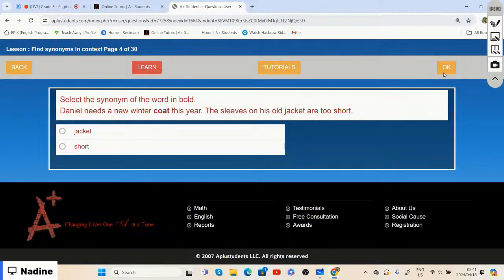Daniel needs a new winter coat this year. The sleeves on his old jacket are too short. So coat, another word for coat is a jacket or short.